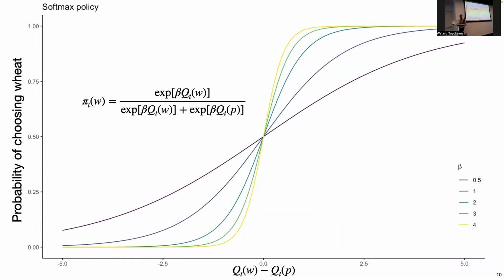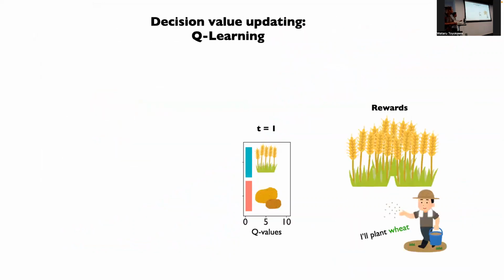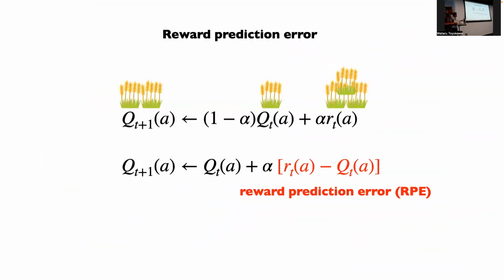So we can model this both in terms of learning rate, how much we update as a function of the prediction error, and also based on the randomness in our policy, which is controlled by beta. So does the beta parameter depend on the learning rate? No, alpha is the learning rate. Remember here, this is our reward prediction error. This is the unit of update, but it's multiplied by our learning rate, which is a coefficient, usually between 0 and 1.